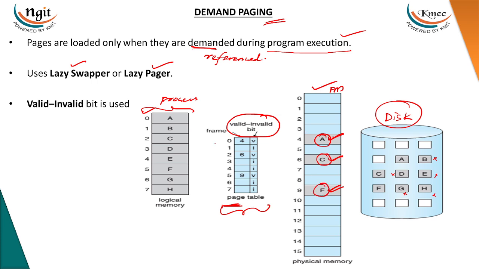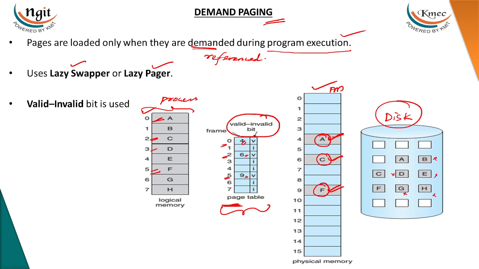These three pages, that means page number 0, page C, that is 2, and page F, that is 5, are loaded in main memory.